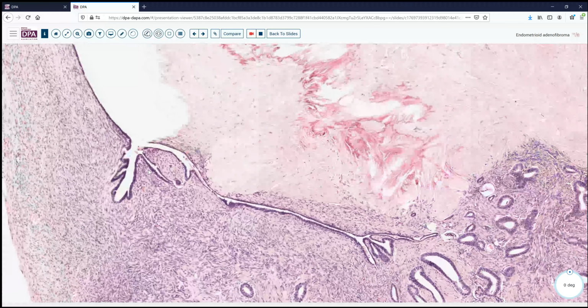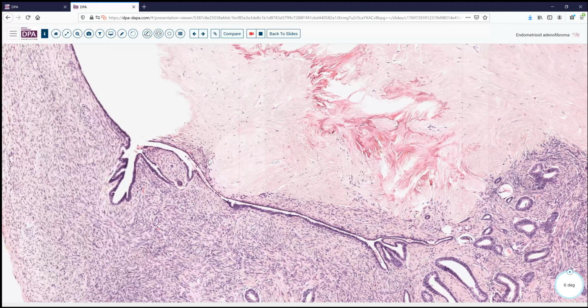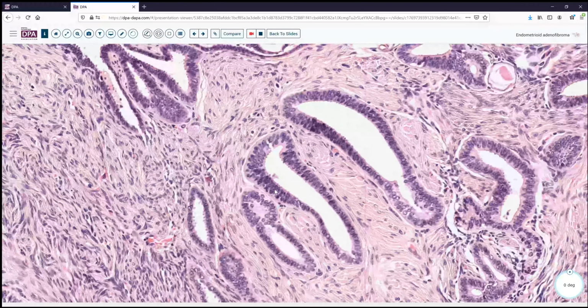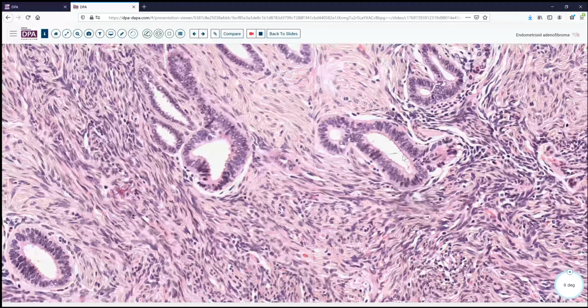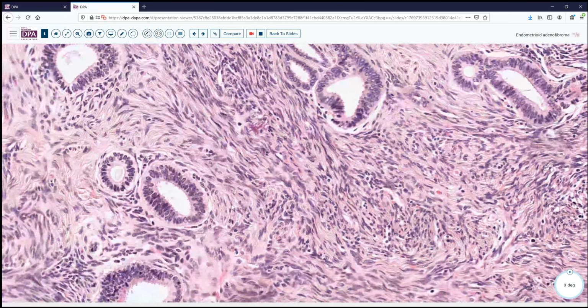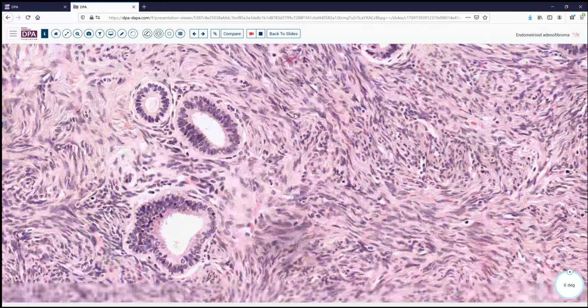Well, we see some branching type glands, a little bit of cystic dilatation here. But as we look at this epithelium, it's a little bit more columnar, more lush than typical serous neoplasms might be. Even though we're seeing a little tufting here, I don't think that's ciliated surface, which would qualify it to count as a serous neoplasm.